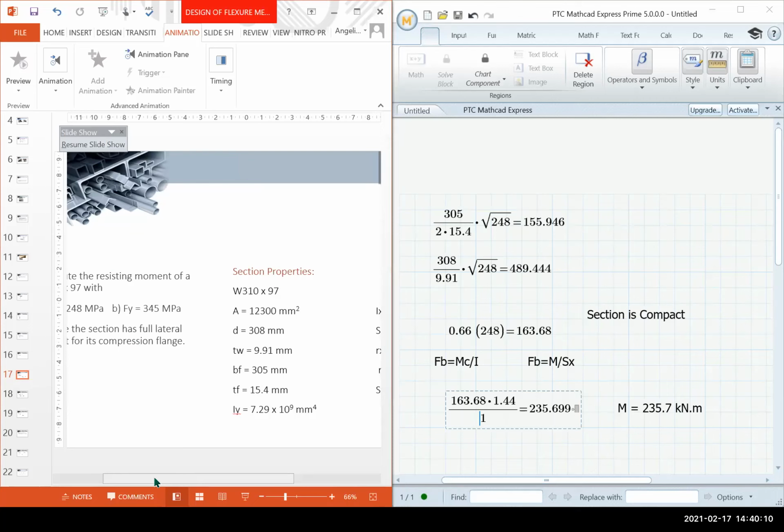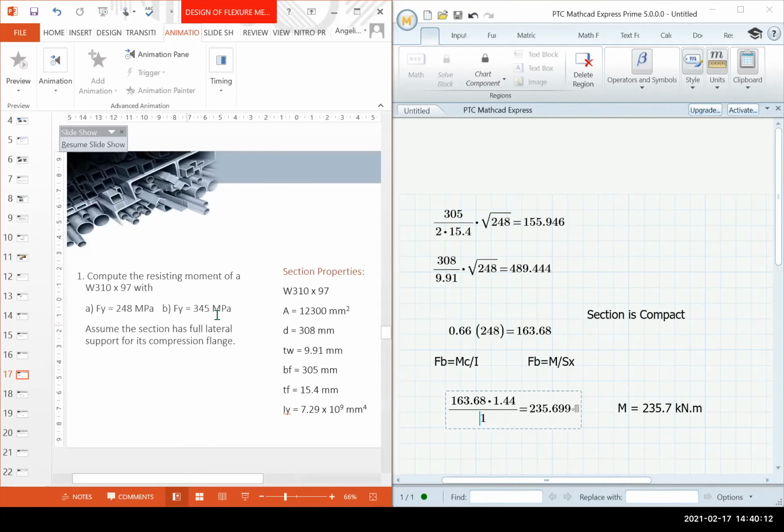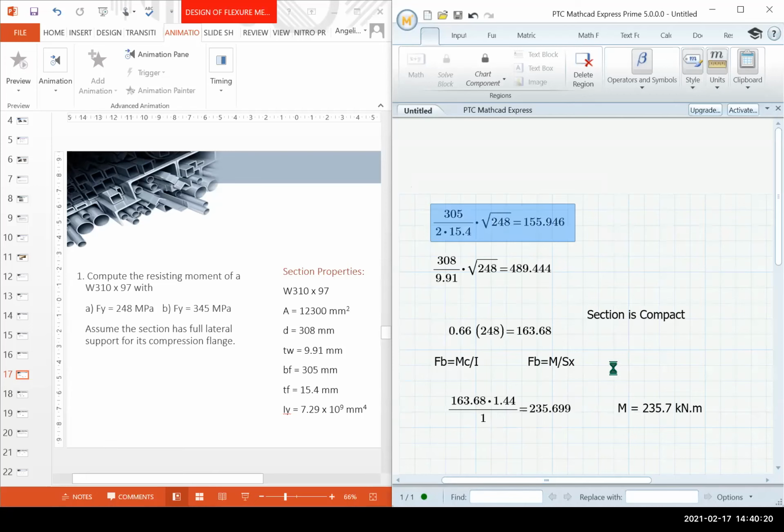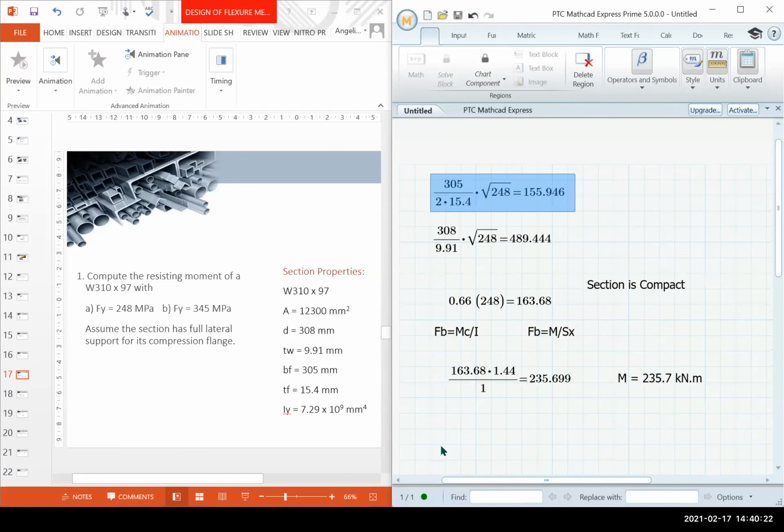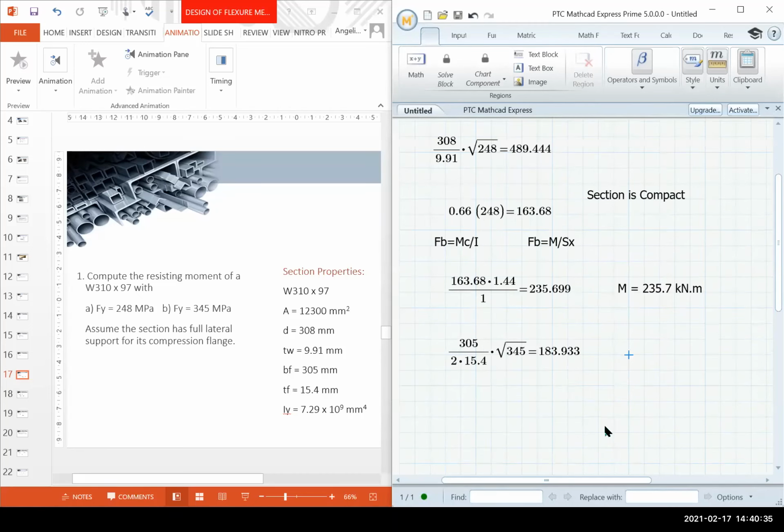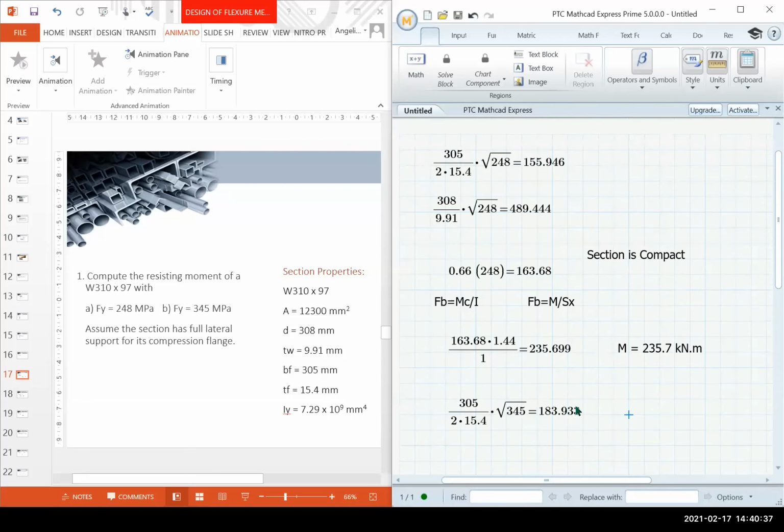Ang B naman, what if your Fy is equal to 345? So ang gawin natin, copy na lang natin ito. Palitan nyo lang ng 345. 183.93. So if you'll notice, this is now bigger than your 170.